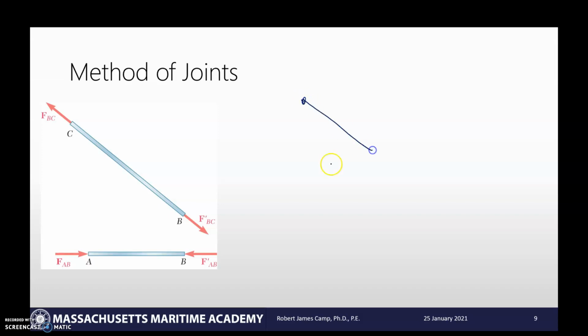If this was our free body diagram, we have the 30 kilonewtons here. We have the forces, which I believe were 40 kilonewtons there, 40 kilonewtons there, and 30 kilonewtons upward. What we would do is, once again, it's in static equilibrium, so it doesn't matter where we do things.